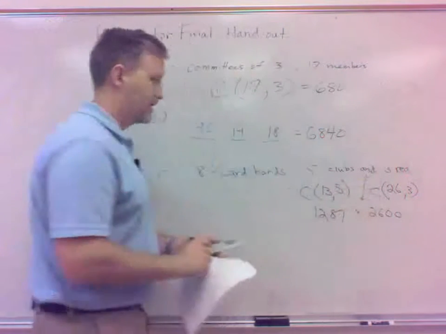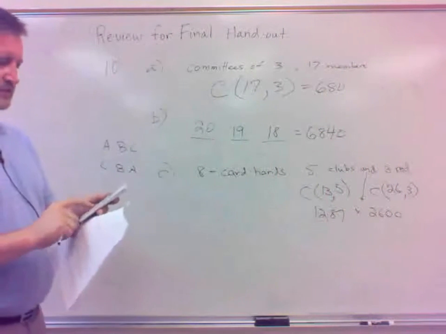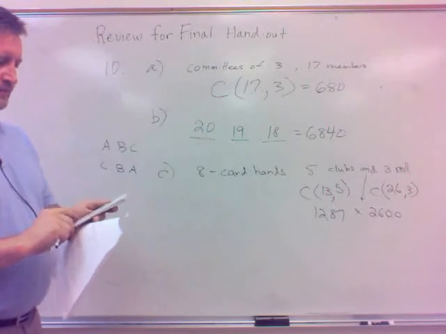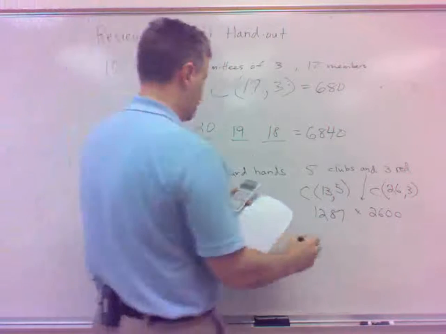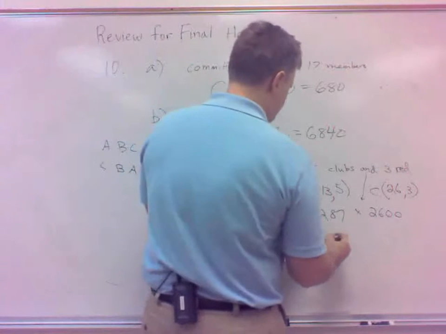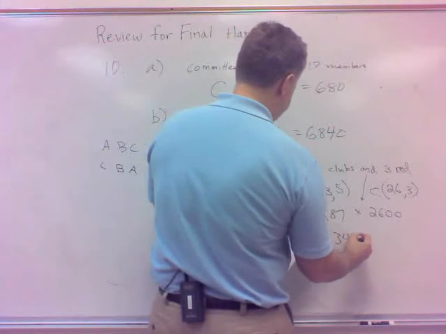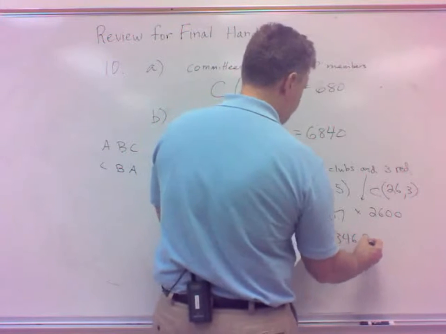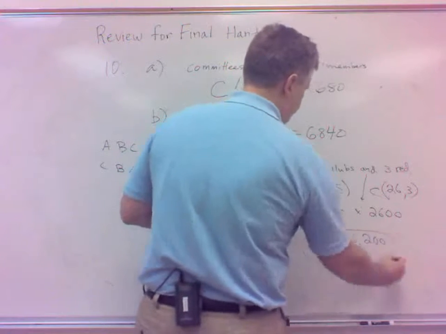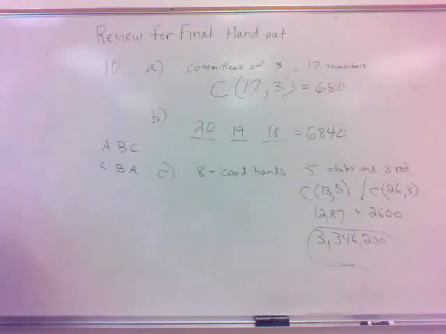So I'm going to multiply 1287 times 2600. 3,346,200. See if I got those right.